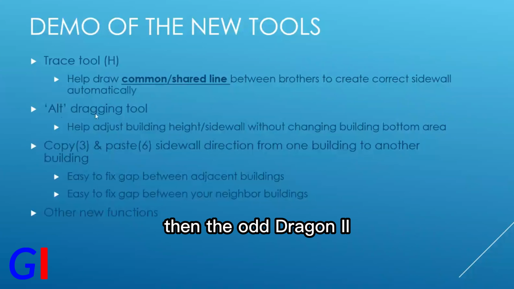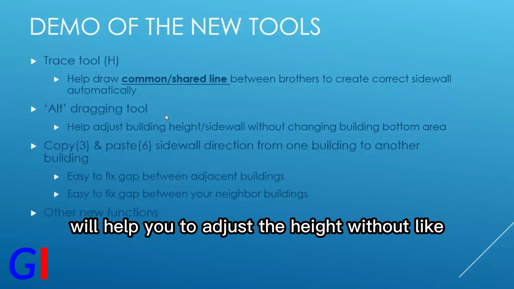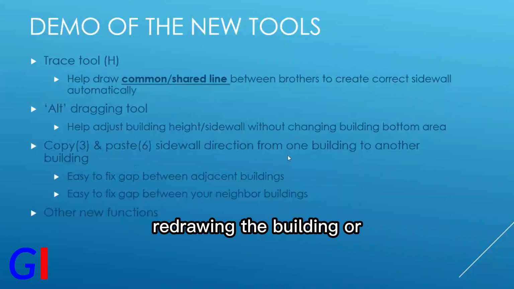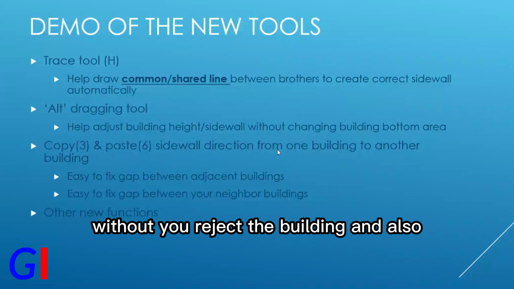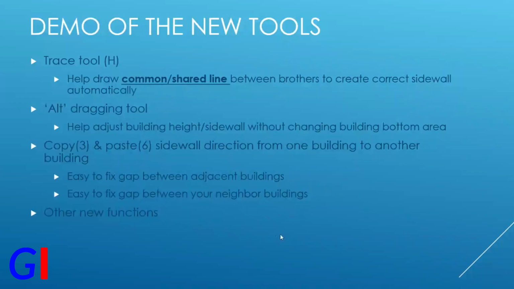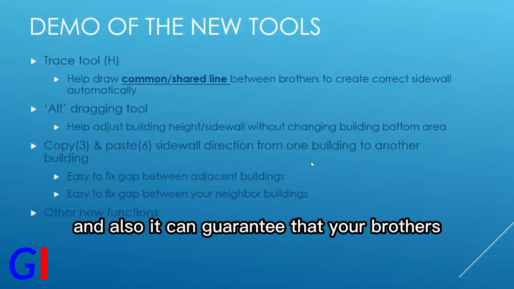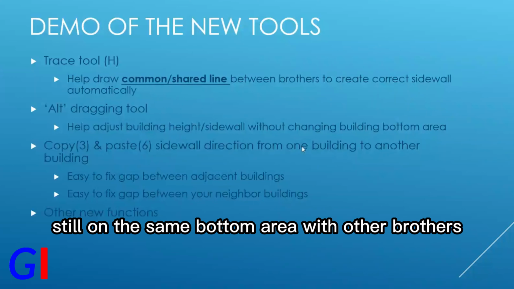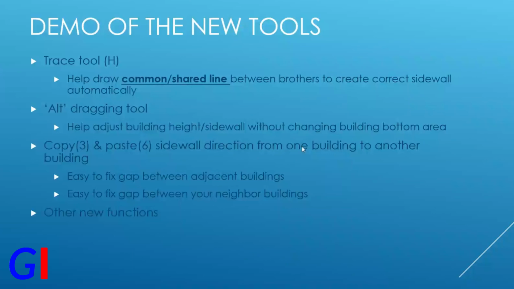Then the Alt dragging tool will help you to adjust the height without redrawing the building, and also it can guarantee that your brothers are still on the same bottom area with other brothers.